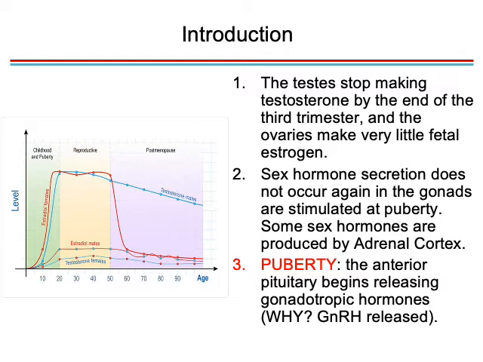These cells develop at, pick an age, 9 years old, 10, 11, 12 years old, depending upon the environment, depending upon genetics. But these cells will begin producing GnRH, which will activate within the anterior pituitary the gonadotropic hormones, which will stimulate the gonads to produce sex hormones.